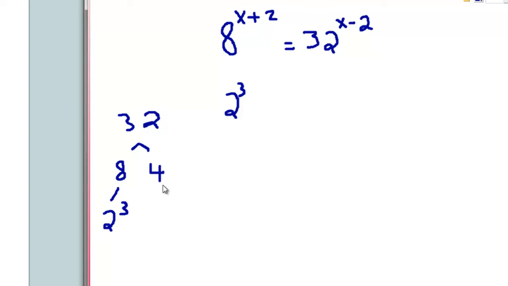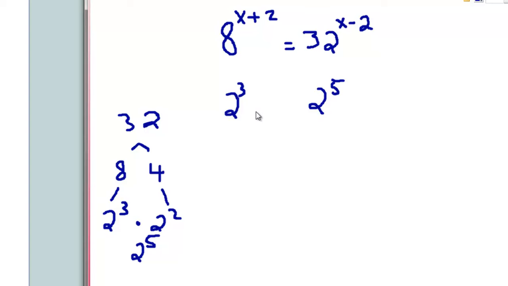And 4, I know that is 2 squared. So that means 32 is, basically, 3 2's here, 2 2's here: 2 times 2 times 2 times 2 times 2. Whew. So 32 is the same as 2 to the 5th.